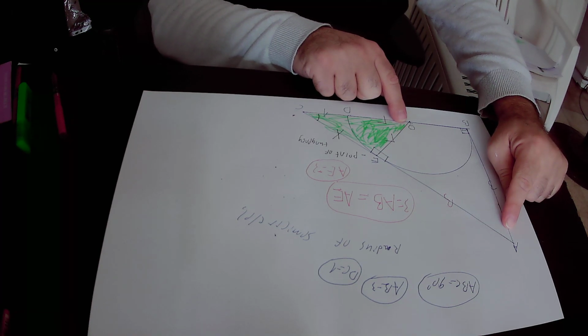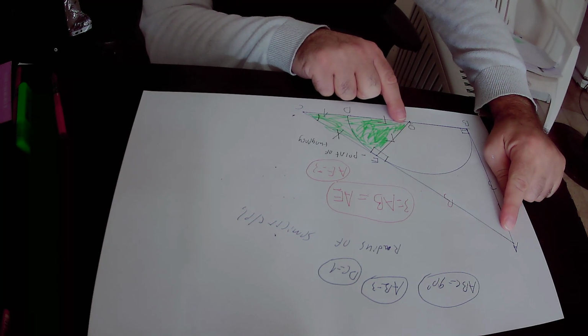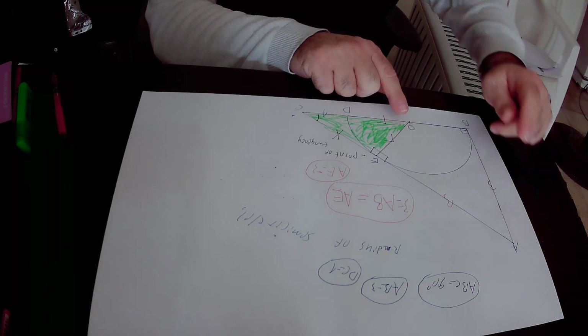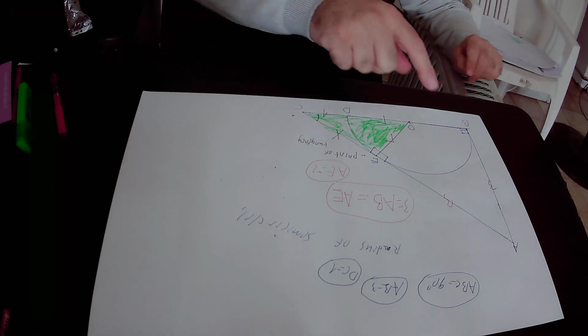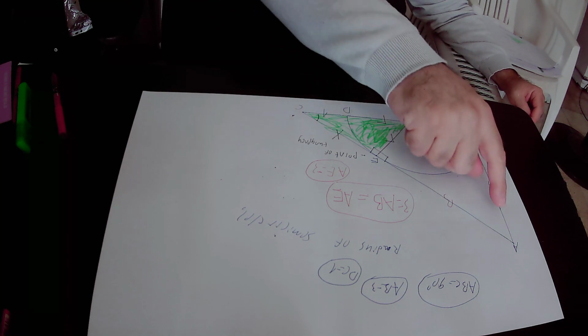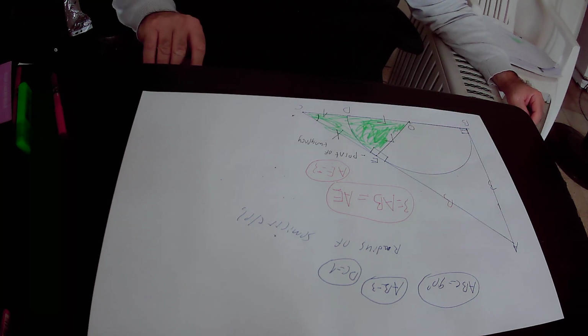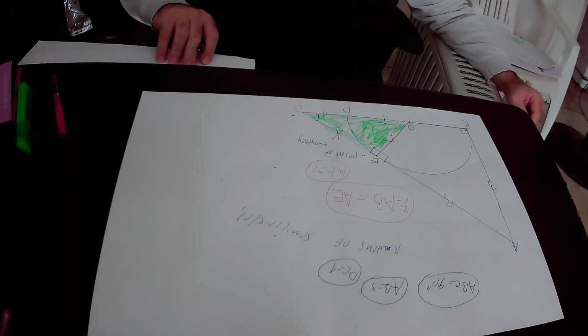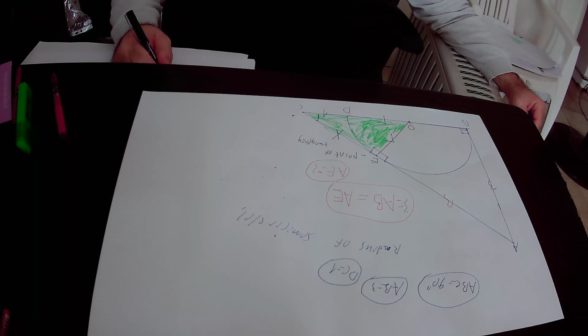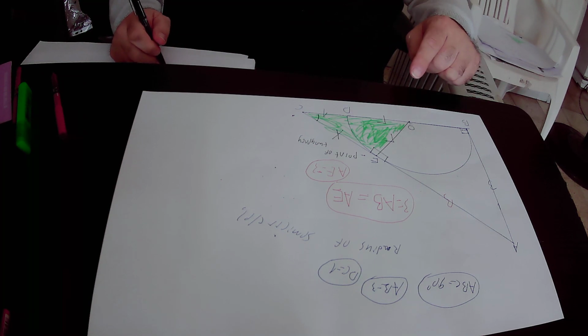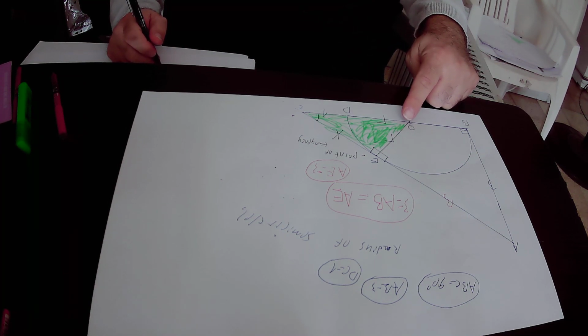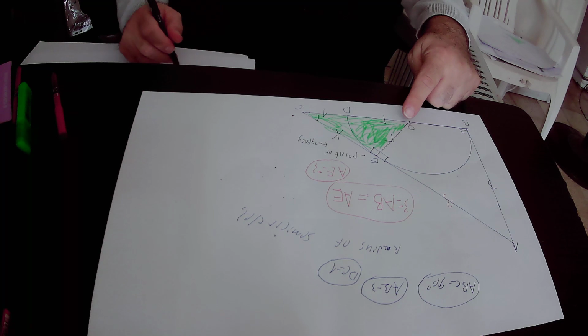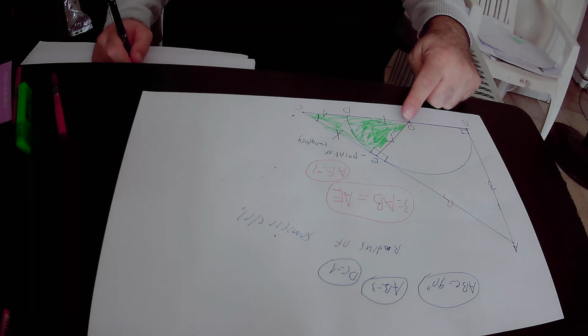And those two angles are equal to each other. I will prove that those two angles are equal to each other. So we will write down that angle BAC, this angle, is equal to this angle, angle EOC of the green triangle.